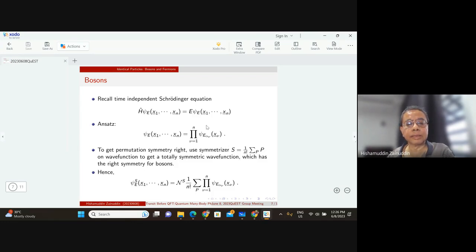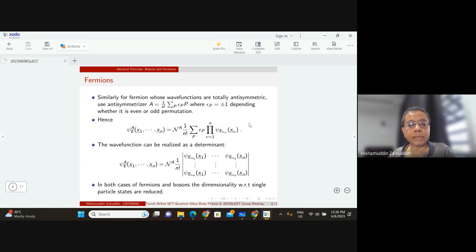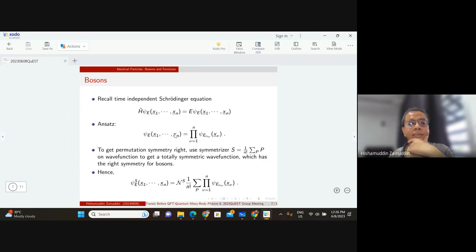Then with these single particle wave functions, you can start to do the permutation symmetry. Again, this is actually a simplification, so one could think of a possibility of failure in these particular answers.